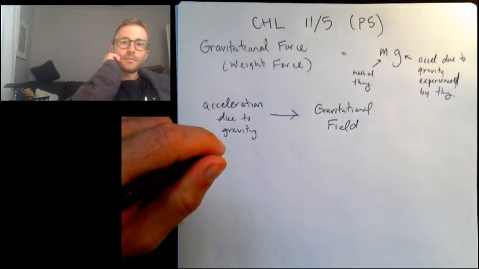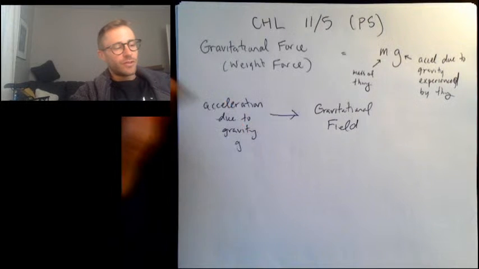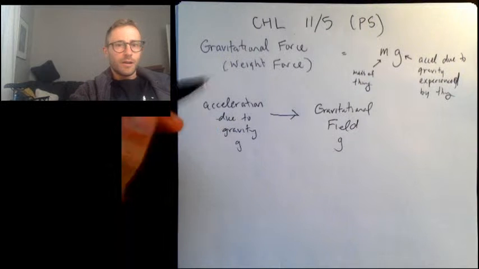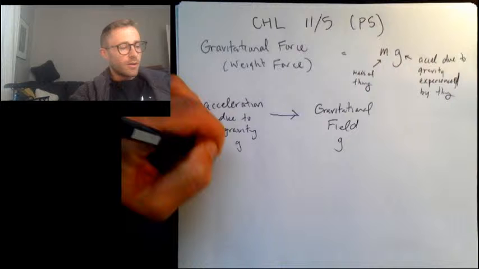So the acceleration due to gravity is the same thing as the gravitational field. Now the units of acceleration due to gravity are meters per second squared.